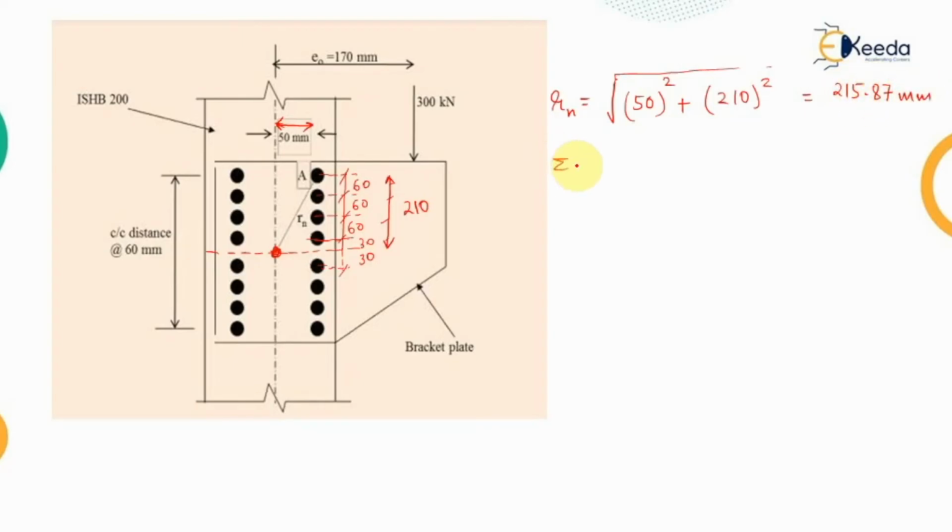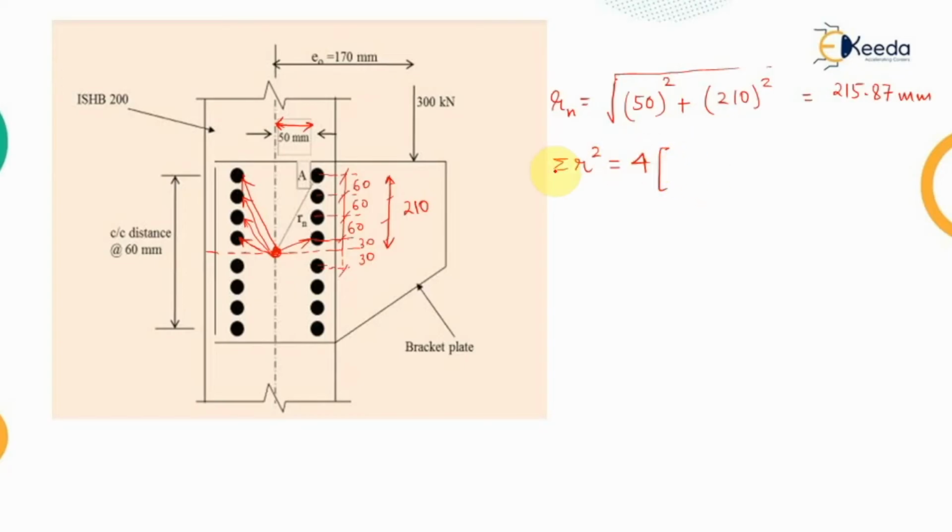Now for calculating this summation R square value, we usually take the help of symmetry. In this case, all the bolts are present at the same distance from the centroid of the bolt group, and similarly in all directions it will be the same distance. So we will be multiplying by 4 while calculating the distances.